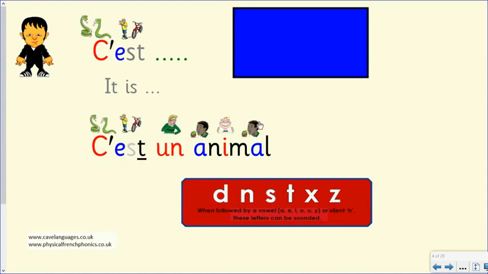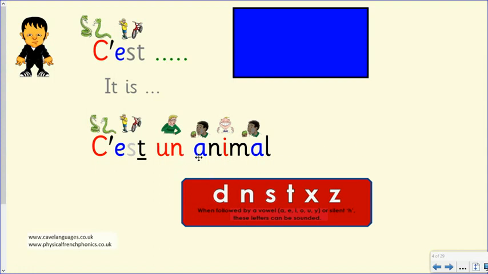So if you want to say it is an animal, you're going to say c'est, and then the word for an animal is un, masculine, because the word for animal is masculine, animal, an E and 2 A, animal. Have a go at that, c'est un animal.